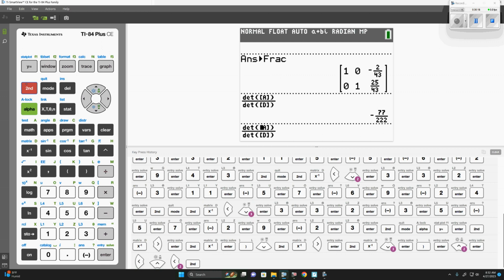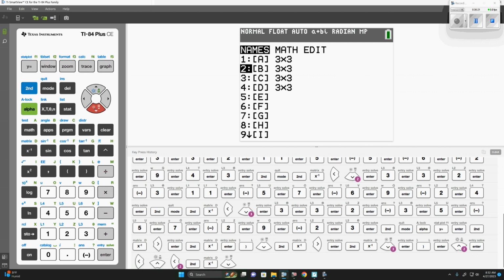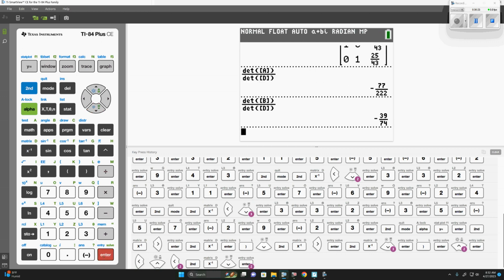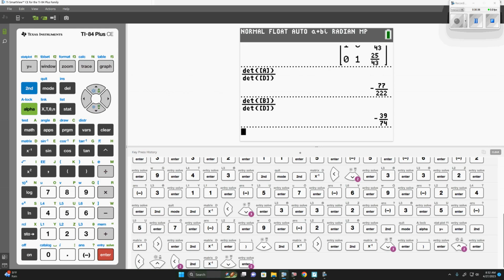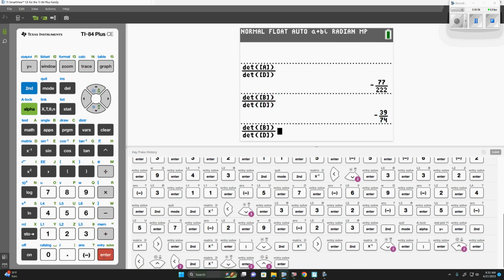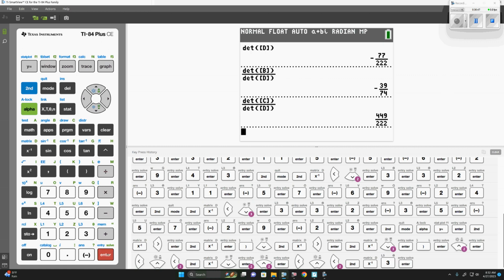I have second matrix B. Negative 39 over 74. And lastly, with Z, second matrix C is 449 over 222.